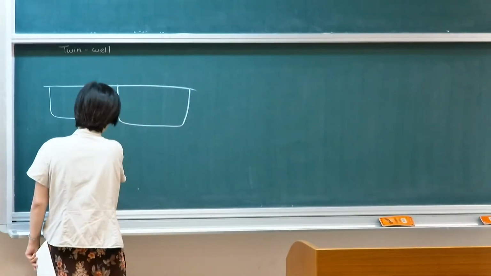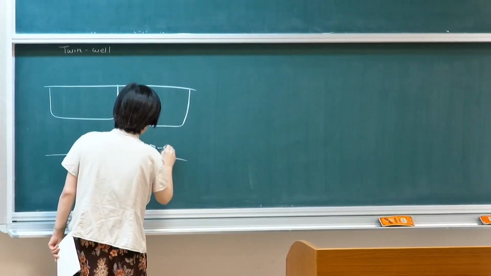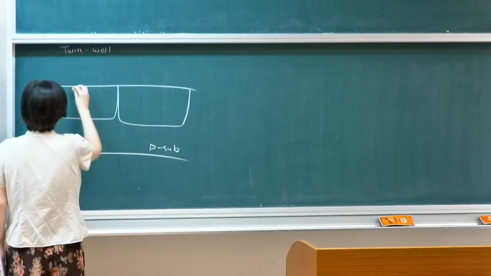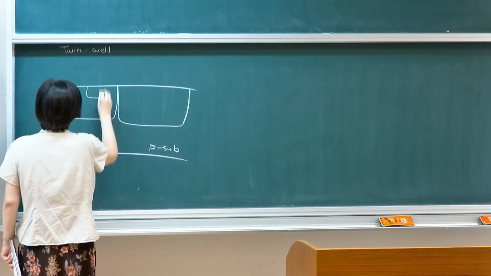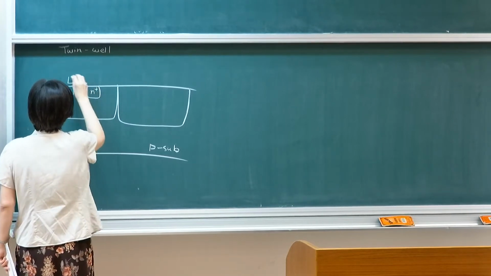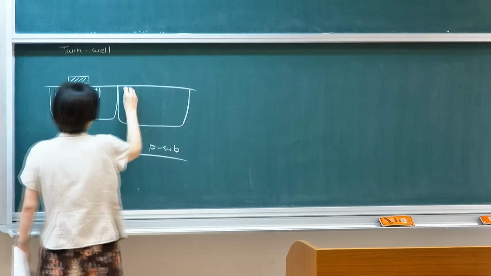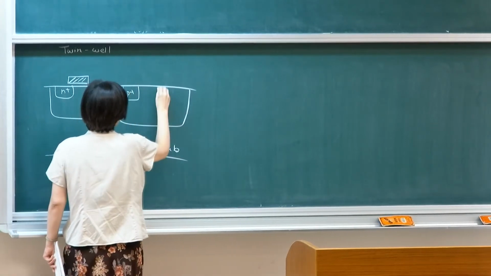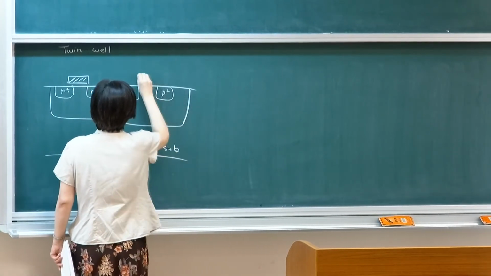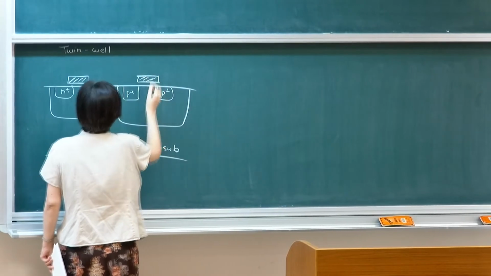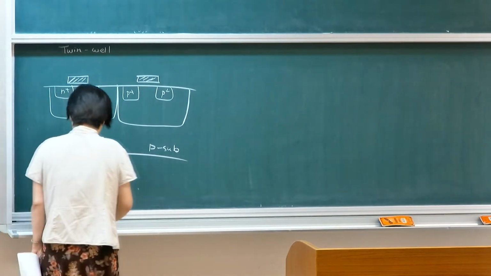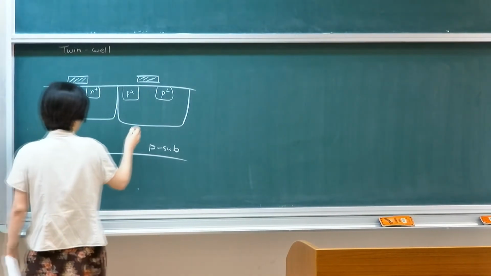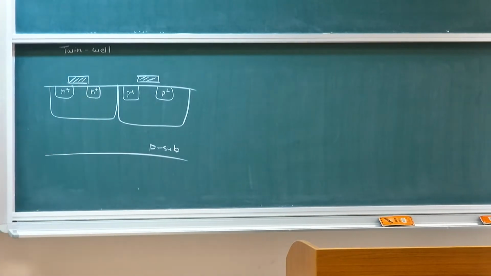You start with a P substrate. And then you have N plus gate and P plus gate. So from the left is the N channel, right is the P channel. And what happened is that you would then have N wells.